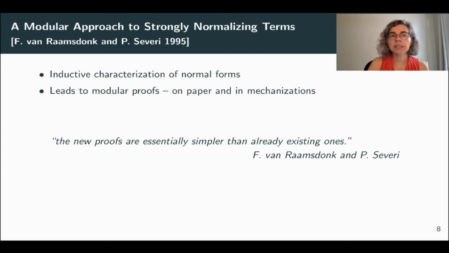So an alternative was proposed by Femke van Raamsdonk and Paula Severi, going back also to Gaugin, a modular approach to strong normalization, where we have an inductive characterization of normal forms. And this leads to modular proofs, both on paper and mechanized, and the proofs essentially become much simpler.